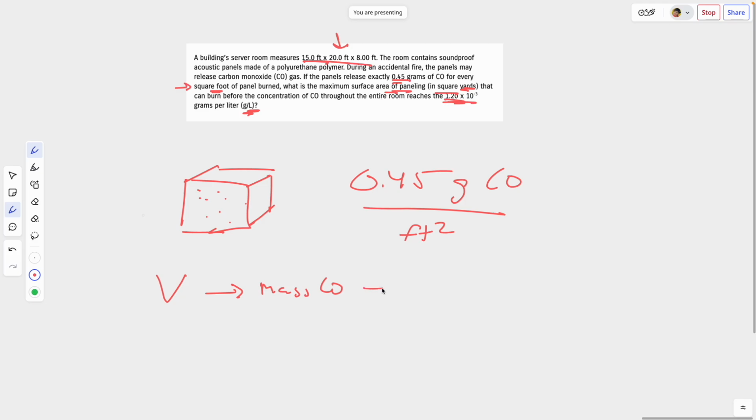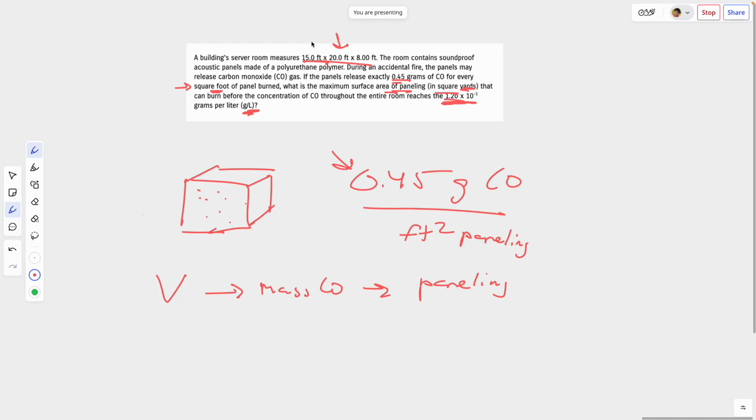And then we can take another step further using this conversion factor, because we're given the mass and we're also given the square foot of paneling, right? So we can use this to determine how much paneling can be burnt. And then all of this is basically to answer the question of when the ratio of CO in the room to volume is this ratio essentially. So it's going to be helpful to start with this value right here.